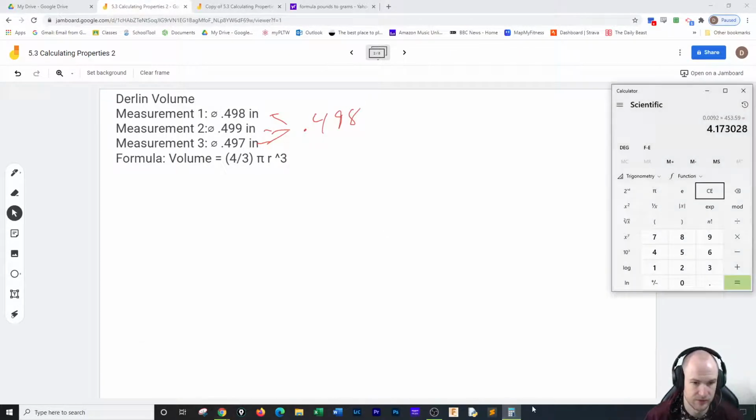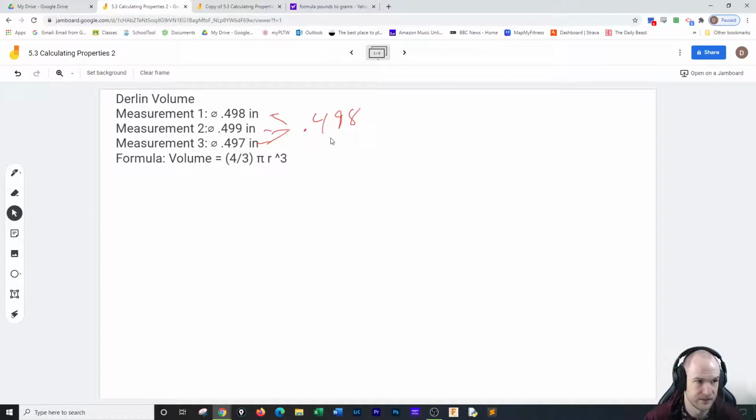And if you don't believe me, we can put it in the calculator. We can add the three up and divide by 3. 0.497 plus 0.498 plus 0.499 divided by 3, and we get 0.498. So we can just figure out the average diameter for all these threes, and then take the average diameter and do the formula for that. So that's what I'm going to do.